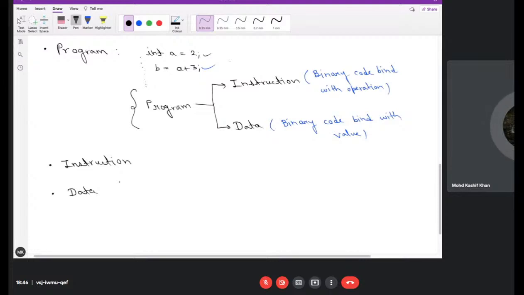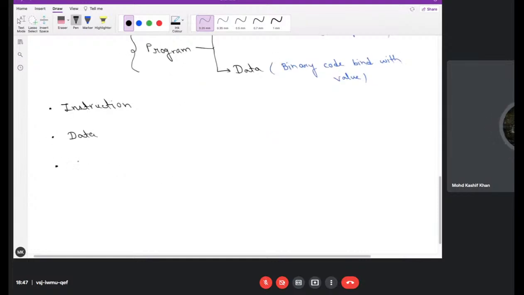We will see there are various data formats. Like if you have listened to some names, you can represent data in the sign magnitude form, in the ones complement form, twos complement form. There are various ways. So these are the data formats. We will learn about the different data formats later on in the course. So right now, what is data? It is also the binary sequence represented using 0 or 1s, and which is associated with a particular value. Okay.